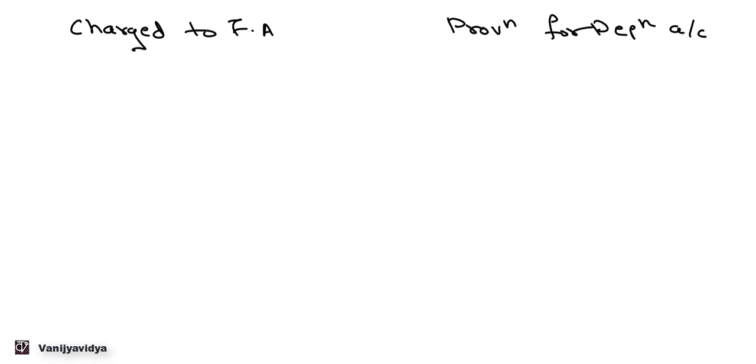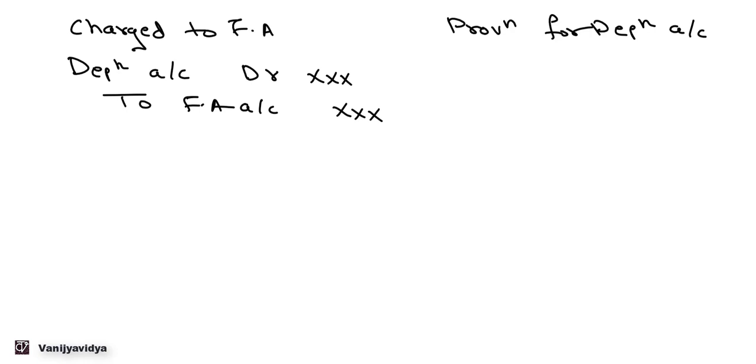Now in the case wherein it is charged to the fixed asset, this depreciation we will charge to fixed asset. So depreciation account debit to fixed asset account, whatever is the amount of depreciation till the date of sale, we charge it to the fixed asset.